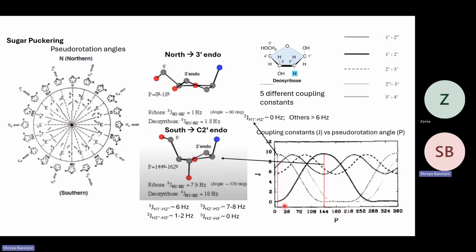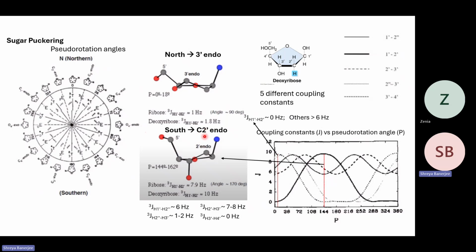Again, I'll just repeat it. At the P values of 3' endo or north, that is 0 to 18 degrees, the 1', 2' J value is around 0 Hz, and all the rest are greater than 6 Hz.